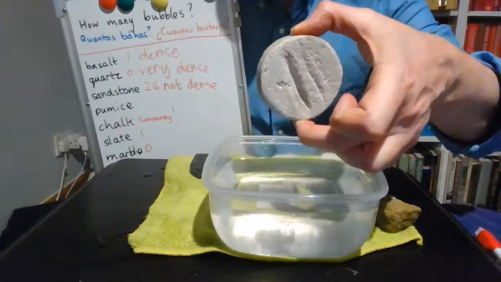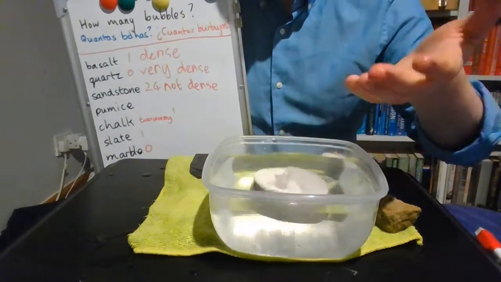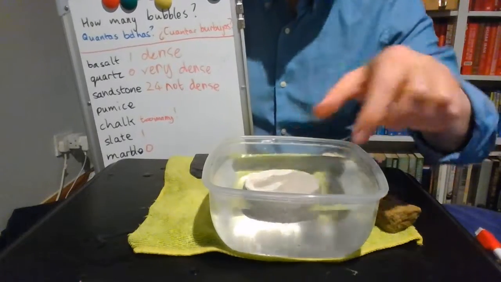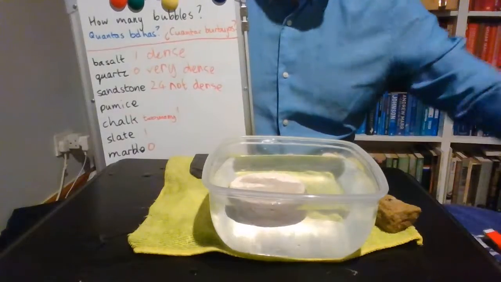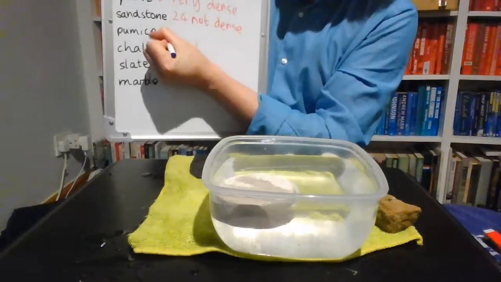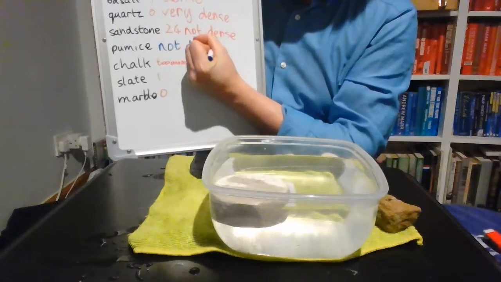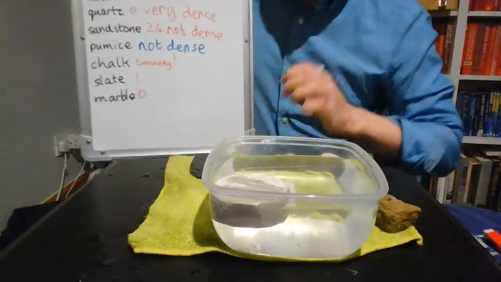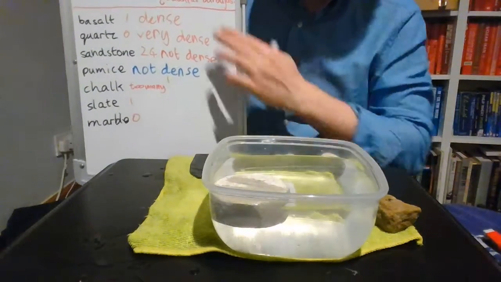It has such low density, as we would call it, that it can actually float even though it is a rock. It's a rock that is that light, it's not dense at all. So pumice, definitely not dense.